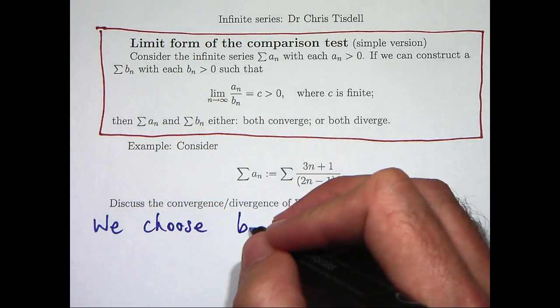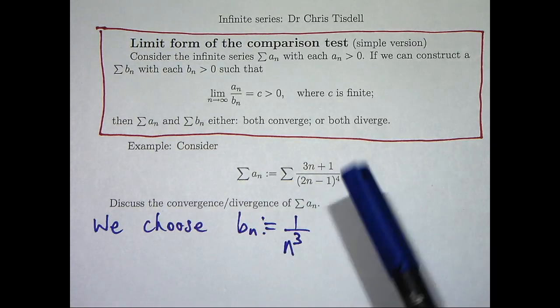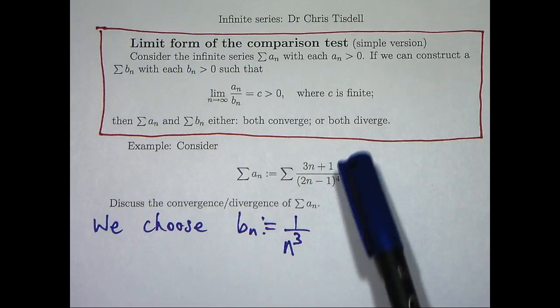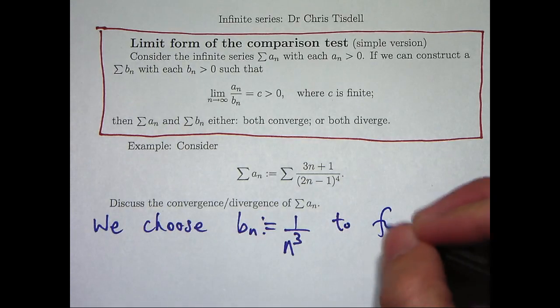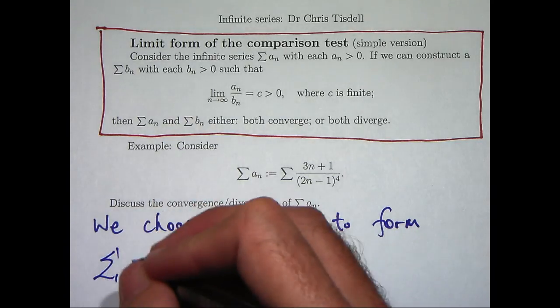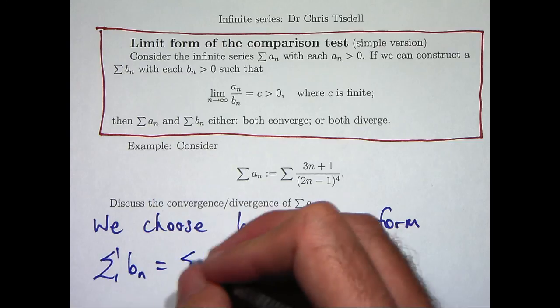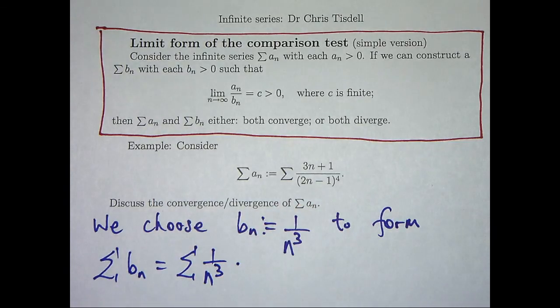So in this case, the highest power down here is 4, the highest power up here is 1, so let's choose sigma b_n to be sigma 1 on n cubed.